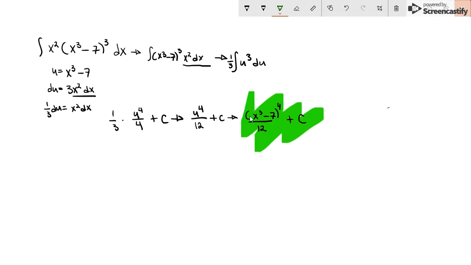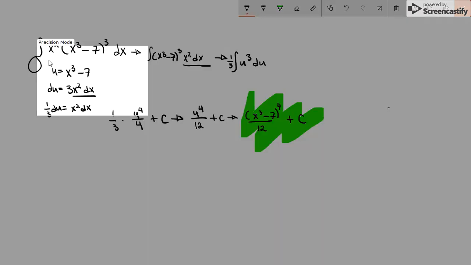Now, let's say this was a definite integral, right? Because an integral could be indefinite or definite, right? So let's do this from 0 to 1. Actually, yeah, 0 and 1. I feel like that would be pretty easy.